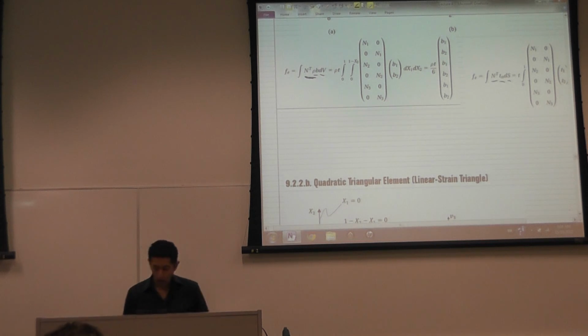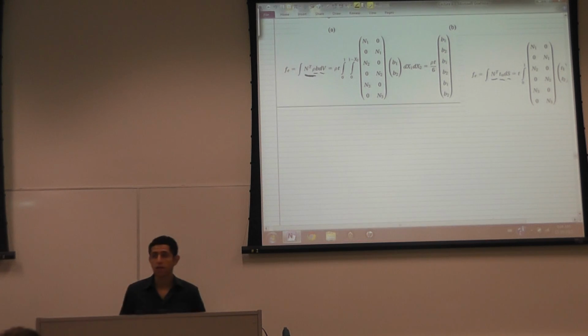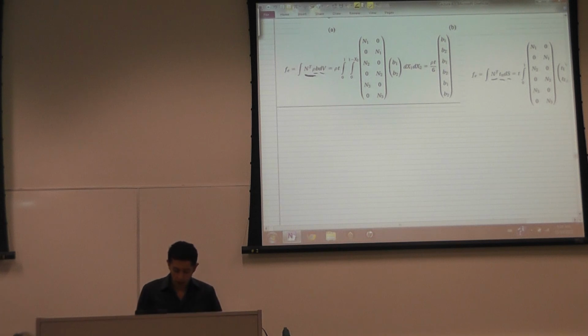So, what we talked about last time was we introduced one type of element, the constant strain triangle. And as the name implies, this triangle can only have constant strain, which means it's a very good element if you want to model an object under constant strain.